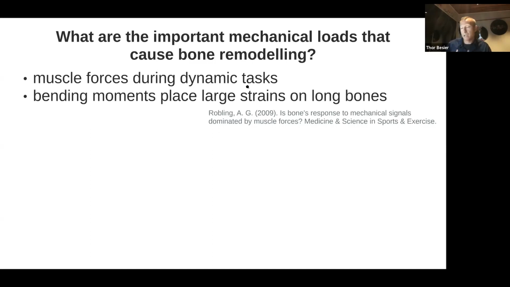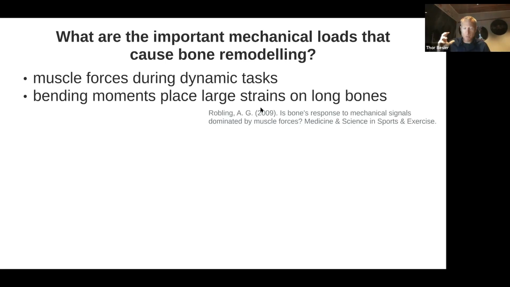And of course, we know that the muscle forces in utero, so while we're a growing infant inside the womb, are critically important to the development and growth of our bones. But what's also really important to note is that once we start walking and standing up, the moments that are applied with bending, coupled with those muscle forces, are very strong.